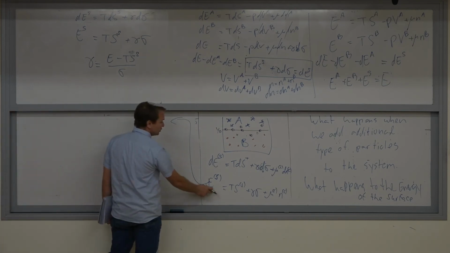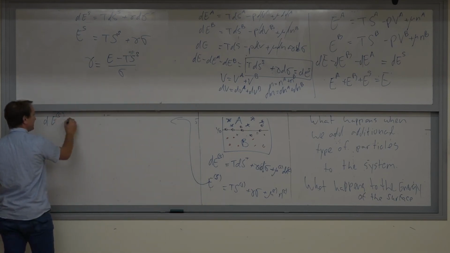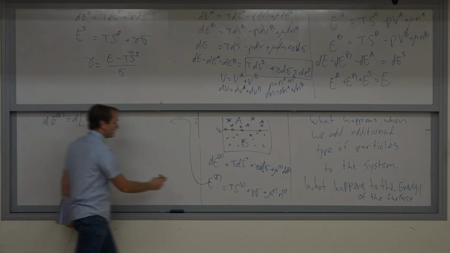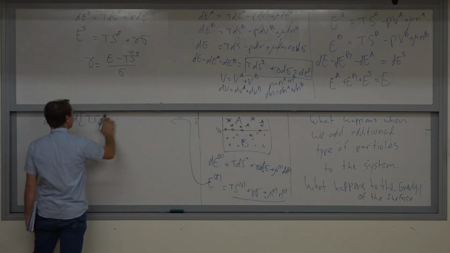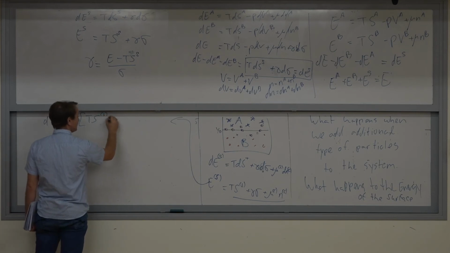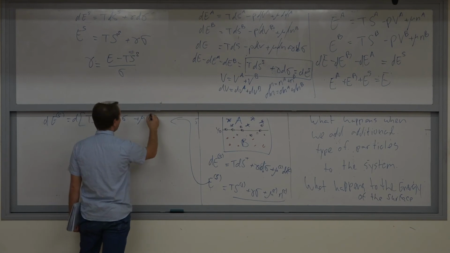So let's take the differential of E_s. So dE_s is now the differential of whatever stands over here: d of T S surface plus gamma sigma plus mu_C N_C.